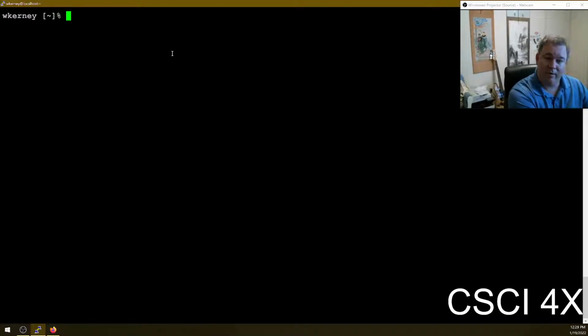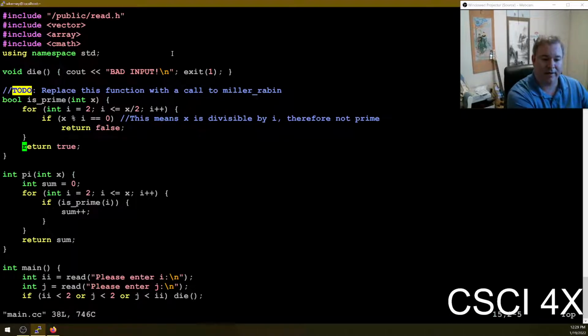Okay, so what else could you do to make the code faster? One of the things about this is that you are going to be repeating work over and over again. For example, if you do the prime counting function for 5 and you do the prime counting function for 6, there's a really important observation here, which is that you don't need to do all that work again, right?